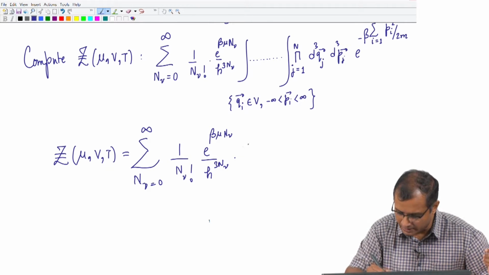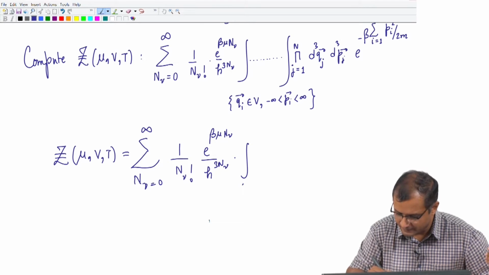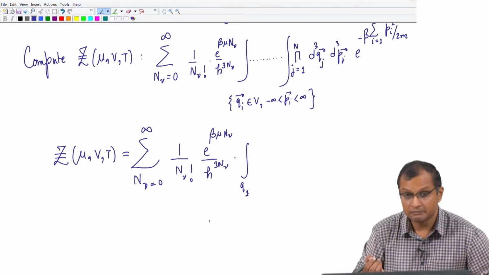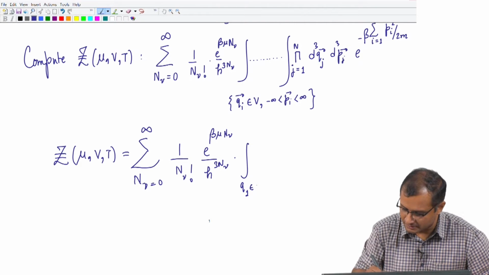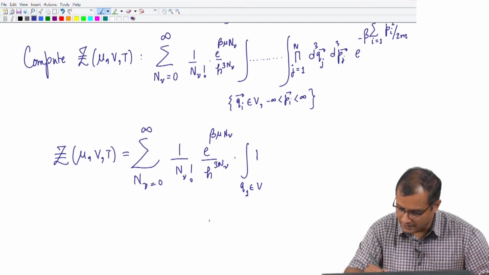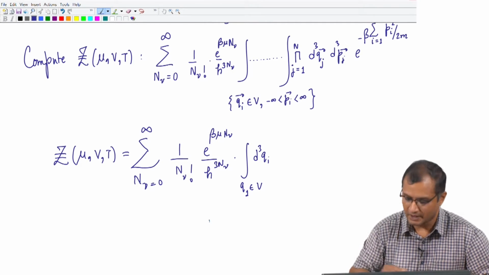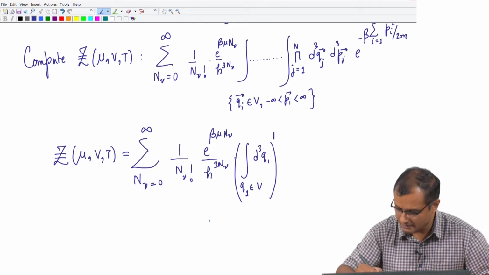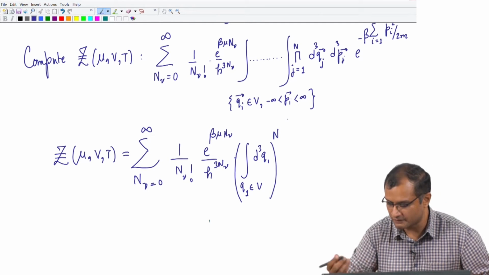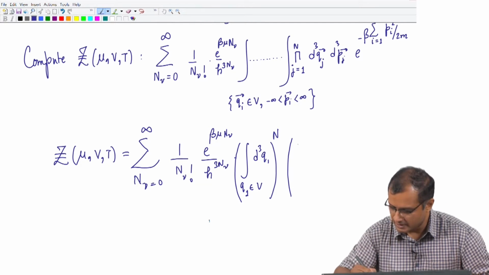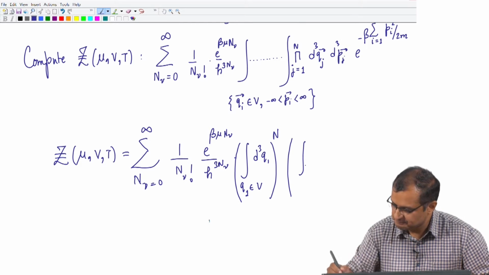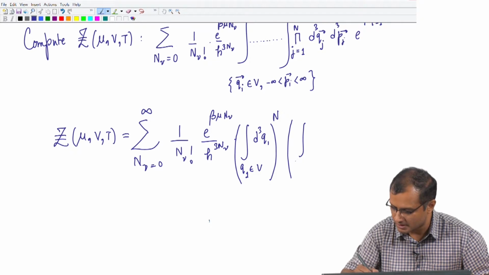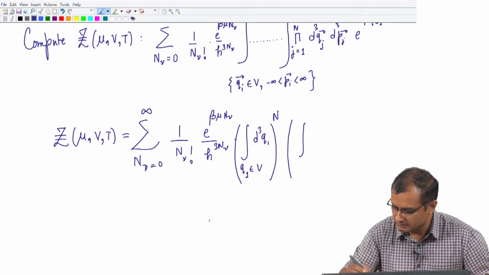It is nothing but the integral for, let us say, some particle 1 in the box V, d cube q1, and there are precisely n such integrals. So, this is to the power n, and for the momentum I can write down the integral, I can write it as 3 integrals.